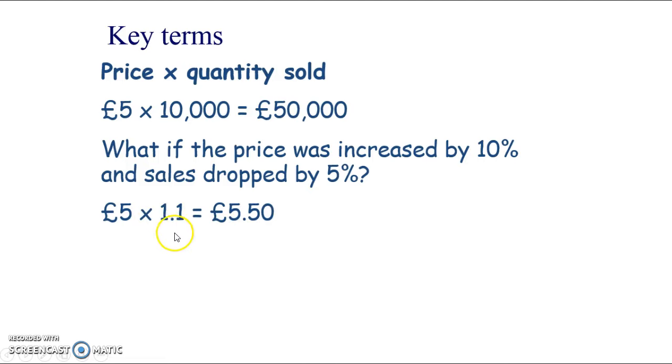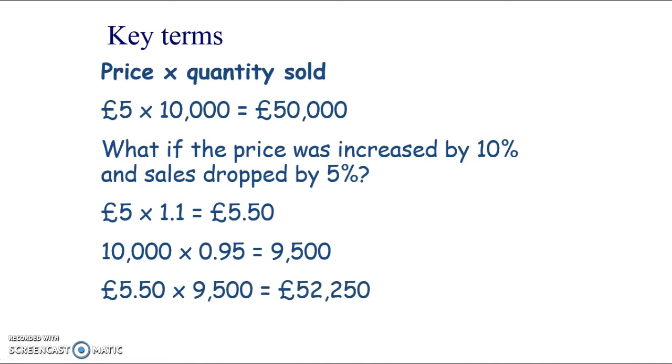So we're increasing it by 10%, but adding that onto the 100%. That's why it's 1.1. And if we decrease the sales volume by 5%, we know we're going to have 95% left, 0.95. So that's going to give us 9,500. Then if we take these numbers, the 5.5 times 9,500, we will get a new revenue figure of £52,250.